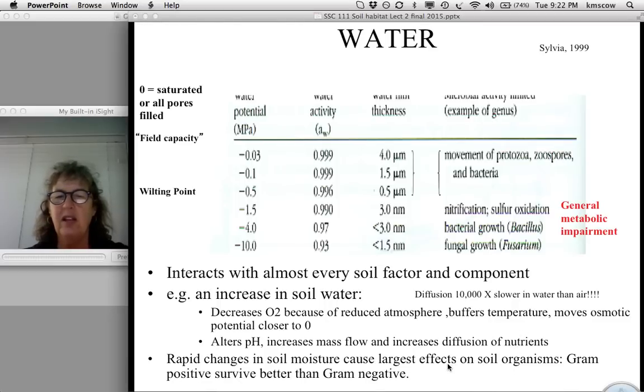This will affect organisms as well, and gram-positive generally survive those shifts better than gram-negative organisms. So it isn't just the water content, but also the changes in the water content that are important.